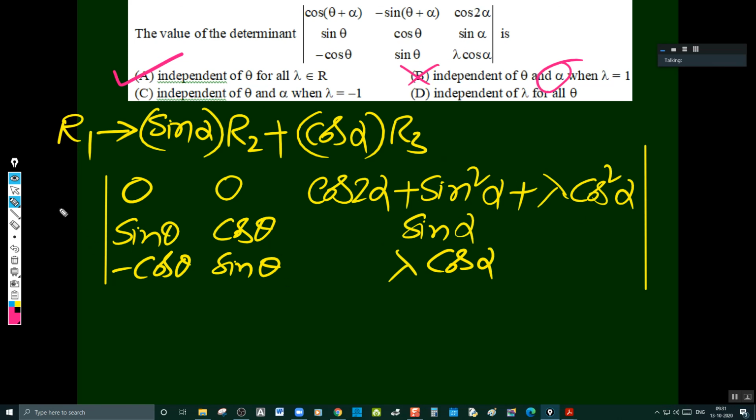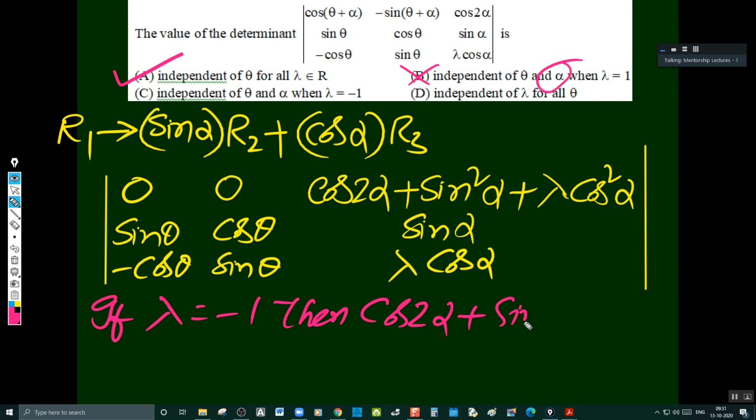Coming to independent of theta and alpha, well, lambda is equal to minus 1. Anyone, tell me what happens if lambda is equal to minus 1? Minus cos 2 alpha becomes 0. Then cos 2 alpha plus sin square alpha minus cos square alpha.